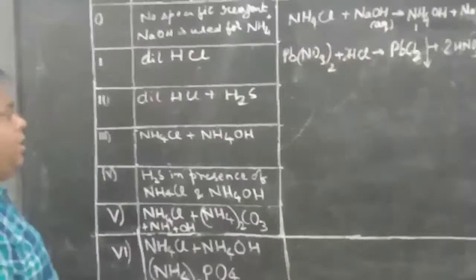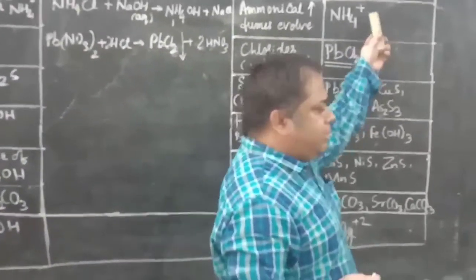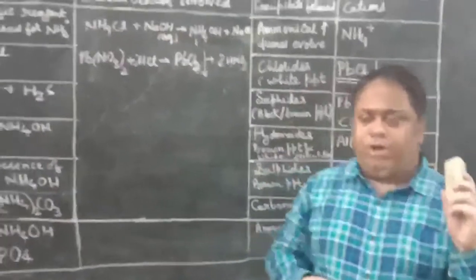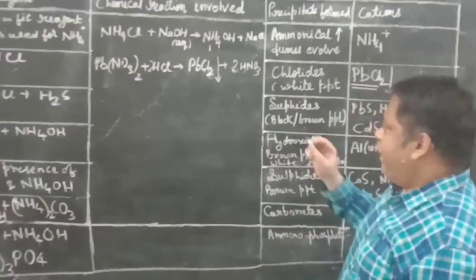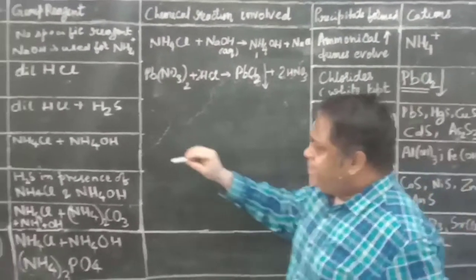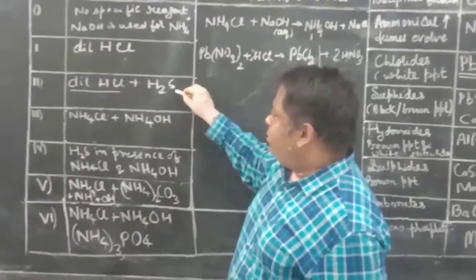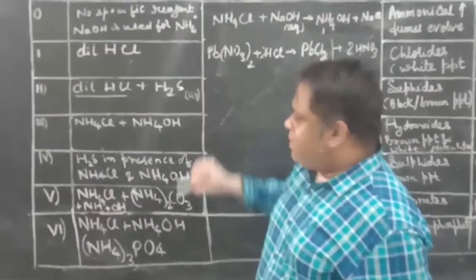Now, if no white precipitate is obtained, if you don't get ammonical fume, then you put HCl. After putting HCl, if you don't get white PPT, then HCl will be there in the solution itself. Now you have to simply add H2S solution. Now how to prepare this H2S?